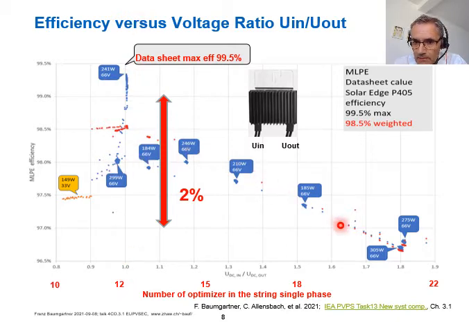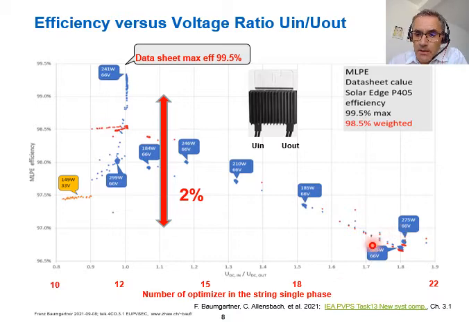So in reality, we have different conditions for the different optimizers, and it depends strongly on the number of optimizers which are connected into a string for the unshaded mode. So it is highly important if, for example, the optimizers have to operate so that the output voltage is always nearly half the input voltage, which is the case if you are choosing as a designer the maximum number of optimizers in your string.